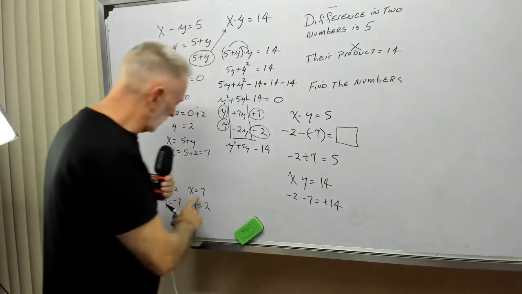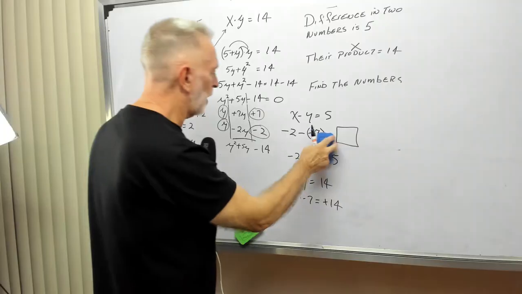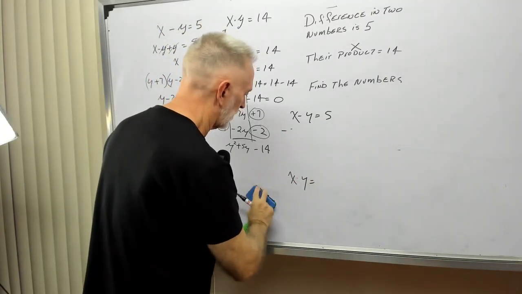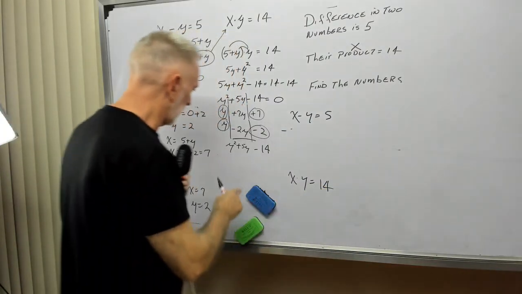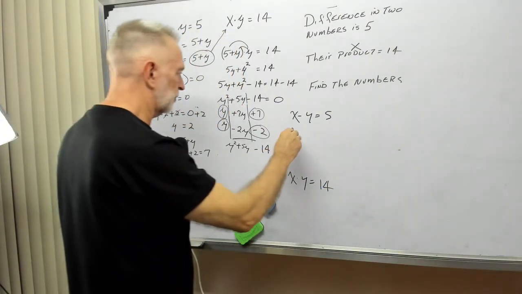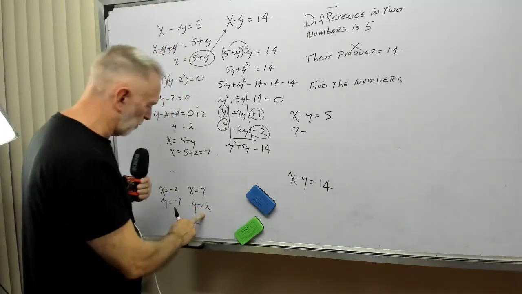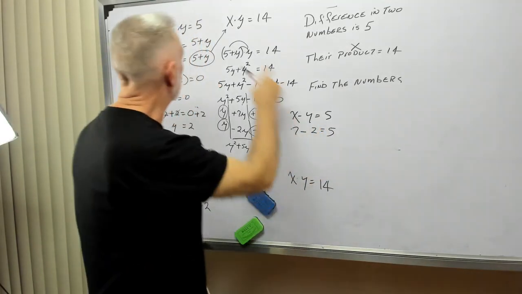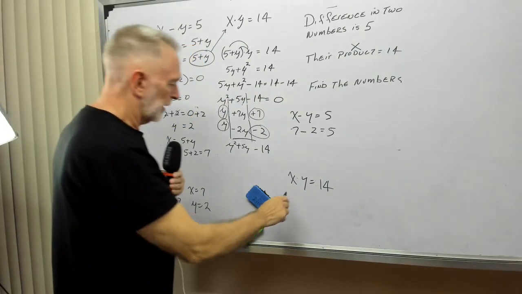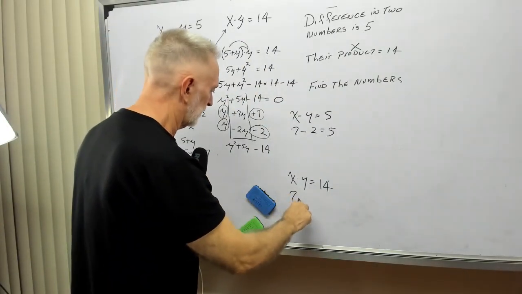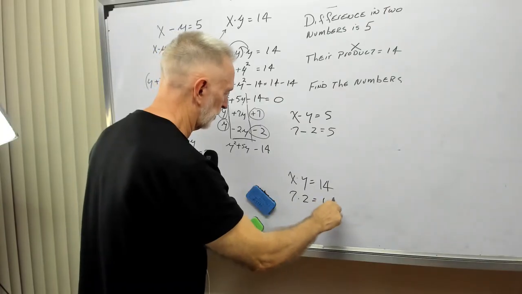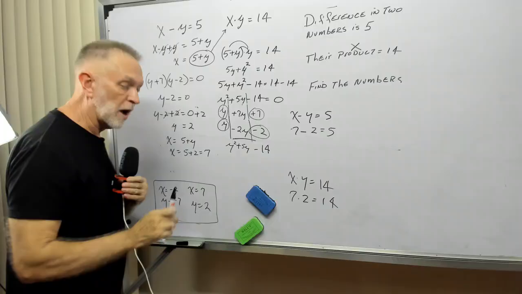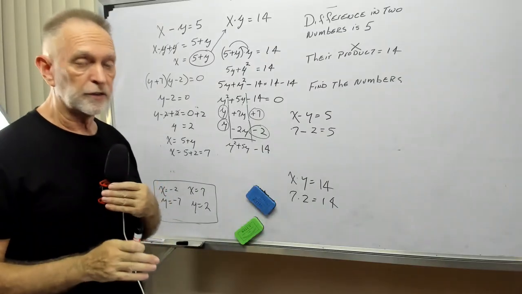But what about if X equals 7 and Y equals 2? 7 minus 2 equals 5. So that works out. X times Y, 7 times 2, obviously is 14. So those would be the two sets of possible solutions for X and Y.